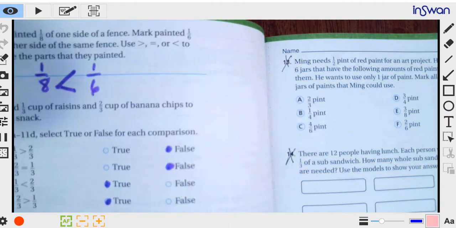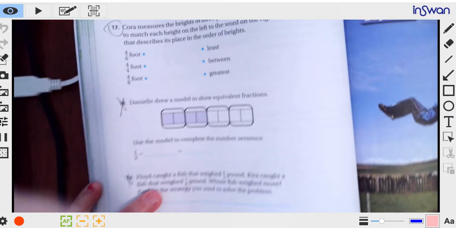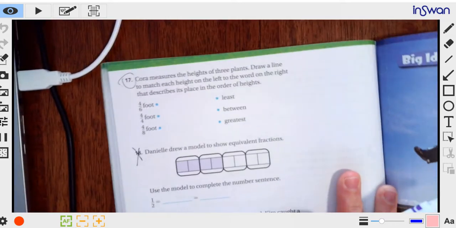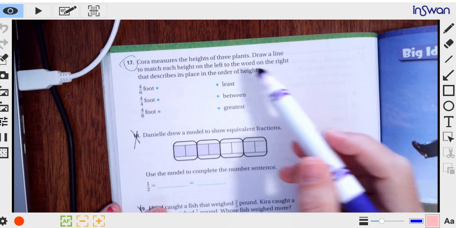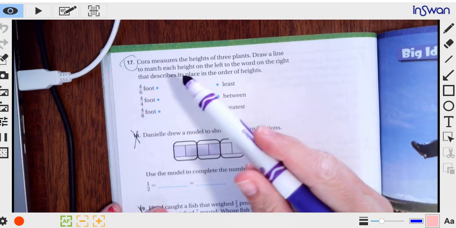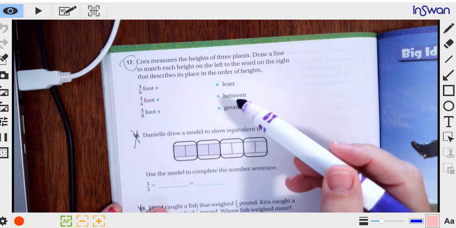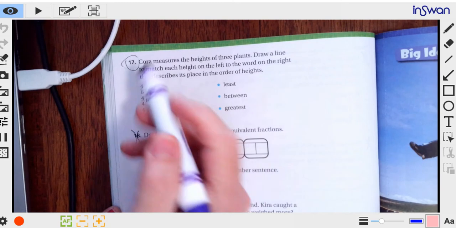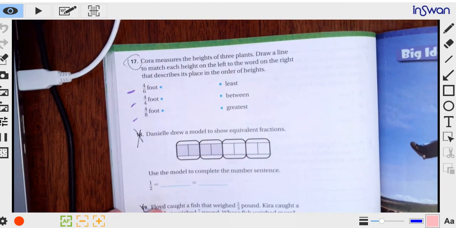All right. Let's see. We're almost done. 17. Cora measures the heights of 3 plants. Draw a line to match each height on the left to the word on the right that describes its place in the order of heights. Okay, well, let's look at this. We have 4/6, 4/4, and 4/8.